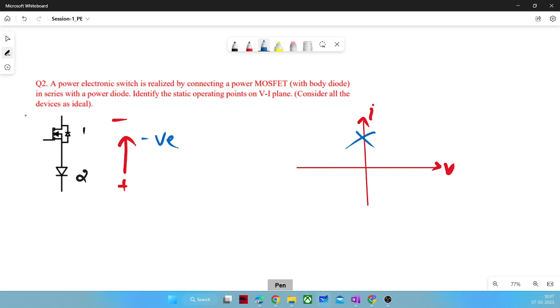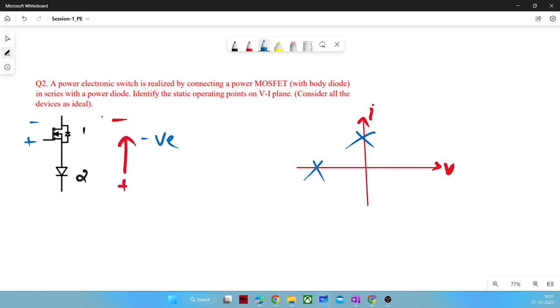This MOSFET will see the voltage polarity across it in this manner, and it will also block this kind of polarity. So if we apply negative polarity, it is easily blocked by two devices out of three. So we can say that negative polarity of voltage is blocked.